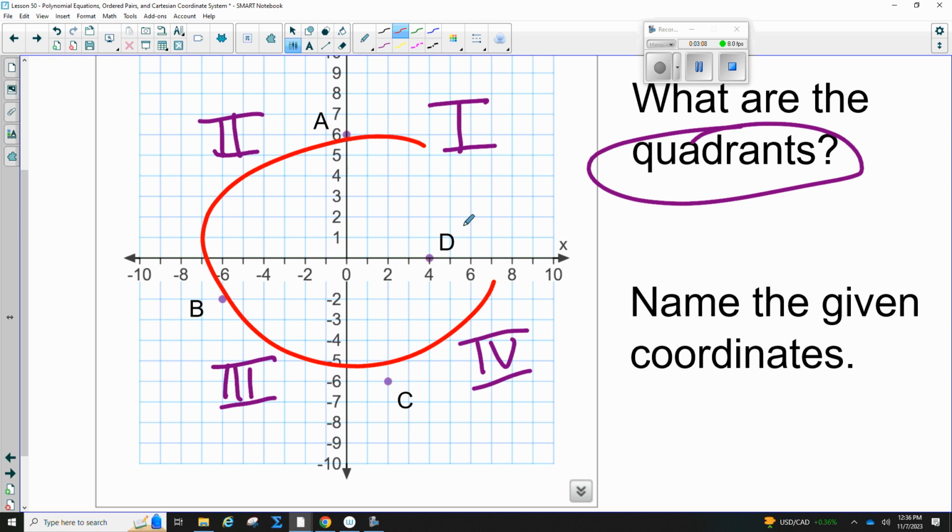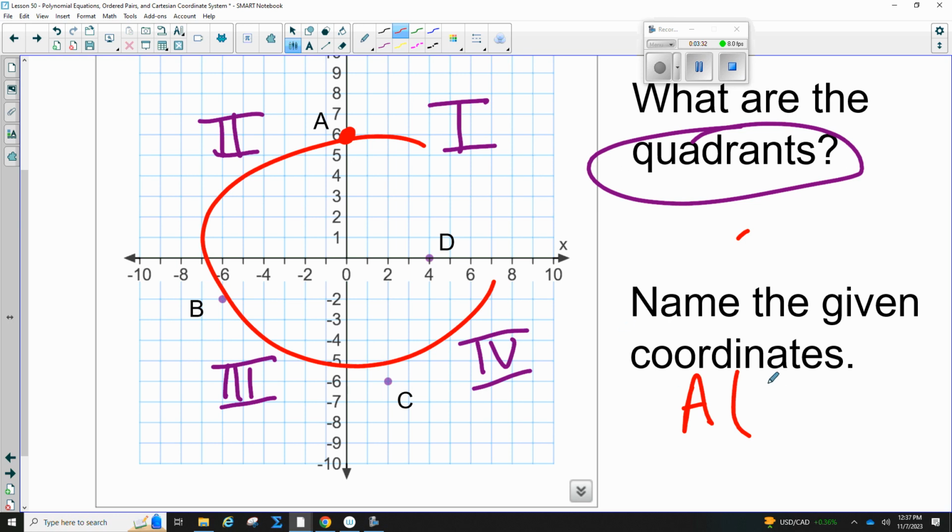Then it says, name the coordinates given. There is a point right here, I'll make it darker for us, and that is coordinate A. I want to know what coordinate point is A. Can anyone tell me what X, Y coordinate A is? Yes. 0, 6.